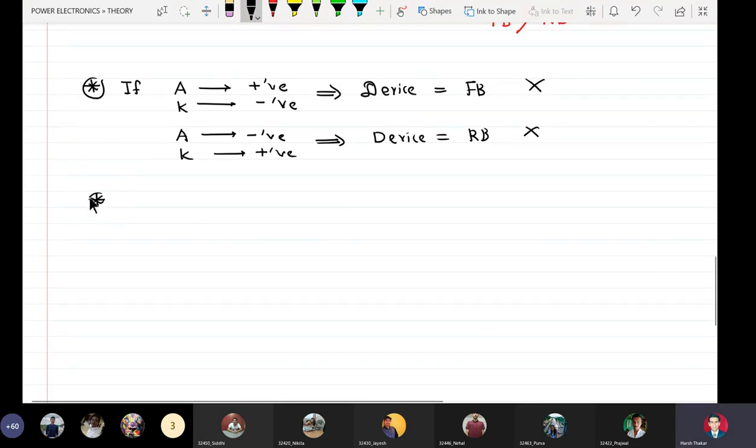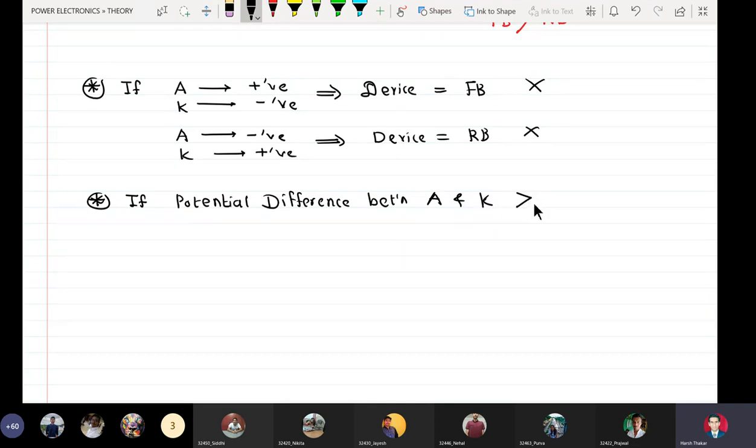That is why we reframe: if the potential difference between anode and cathode is greater than the cut-in voltage of the device, then it is forward biased.